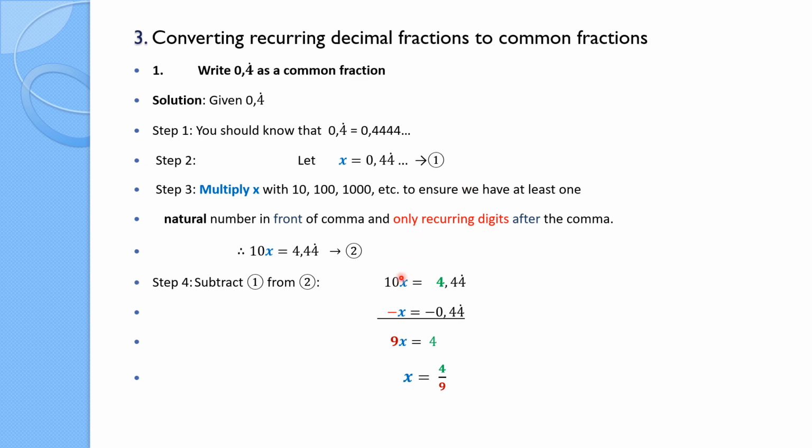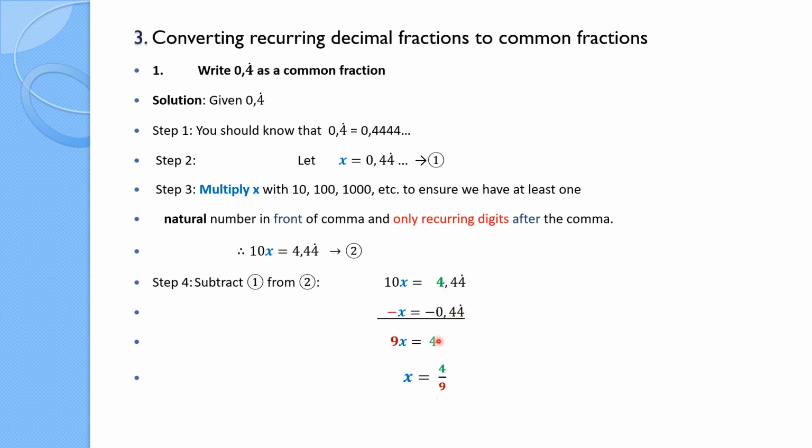I subtract equation 1 from 2. So 10x minus x gives me 9x. And now you see, by ensuring I have only recurring digits after the comma, the 4,44 recurring would subtract. Remember, I want to go to common fractions, so I must have no decimals left. So I have to get rid of these decimals.